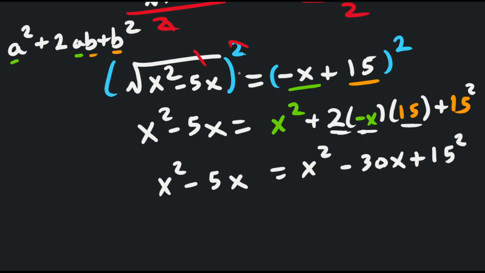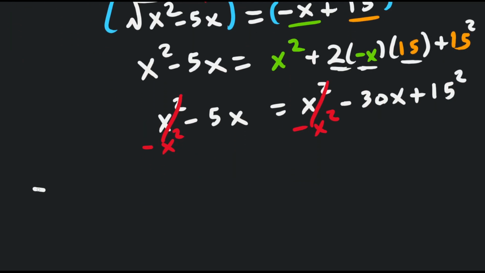And let's now try to isolate x. So we can subtract both sides by x squared, and that will cancel x squared on both sides. We are left with negative 5x equals negative 30x plus 15 squared. We're getting very close, so now let's add 5x to both sides.